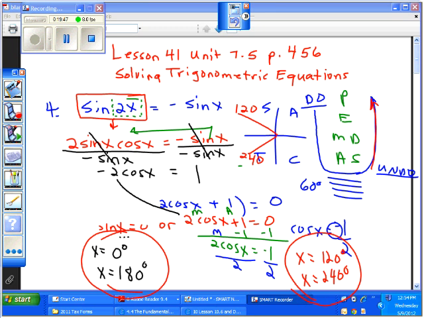And all of a sudden, I've got something kind of like that. Because when I divide by 2, I'm going to get cosine x equal. And if I did that, I would get this, and I kind of lost the other part of my answer. You see how that happened if I went that direction?